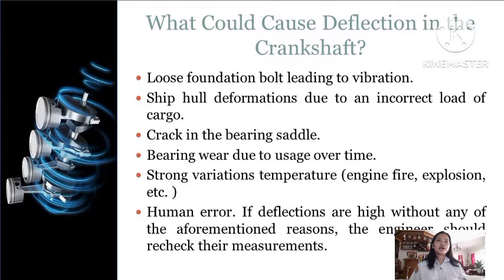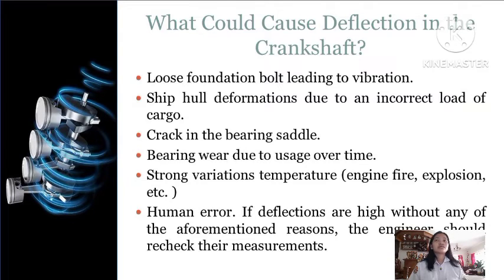Second is the ship's hull deformation due to an incorrect load of cargo. The loading of cargo has an impact on the deformation of our ship's hull, which is somehow connected to our engine. Third, a crack in the bearing saddle, or bearing wear due to usage over time.